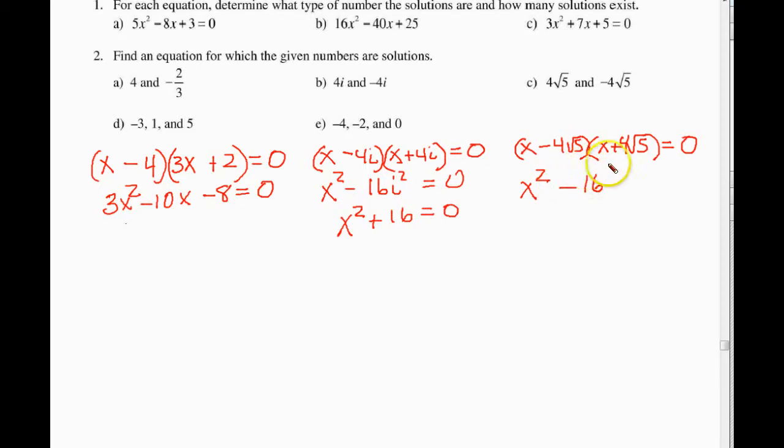We're just doing this in pieces. Square root of 5 times the square root of 5 is 5. And then to finish this up, we just do this multiplication, and we get x squared minus 80 equals 0.